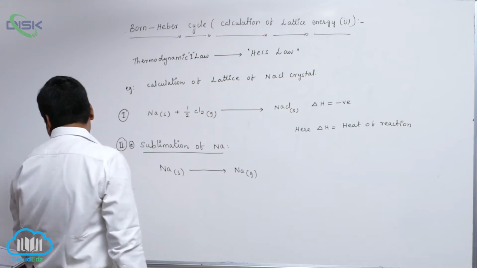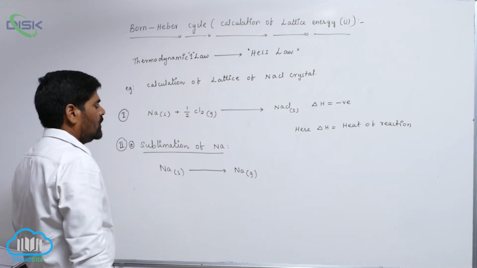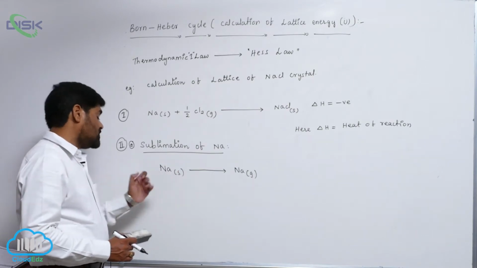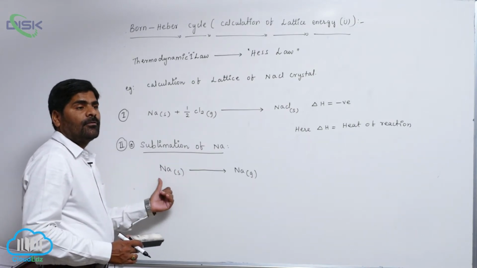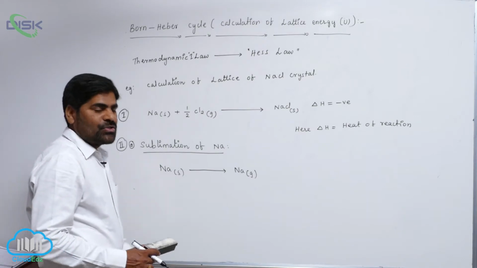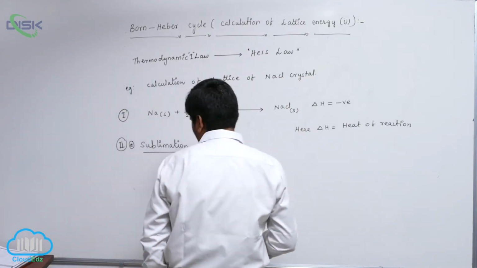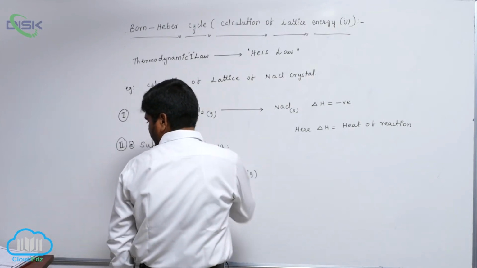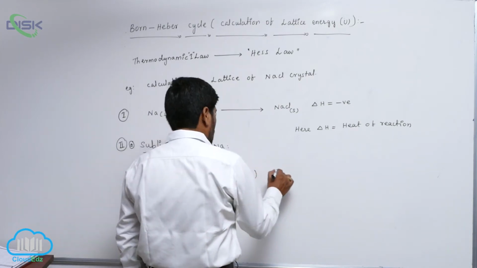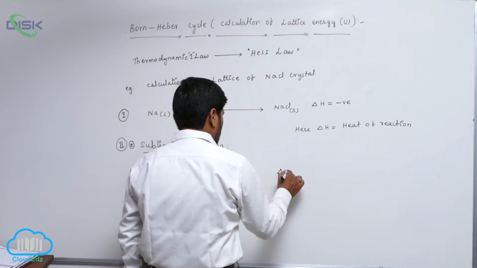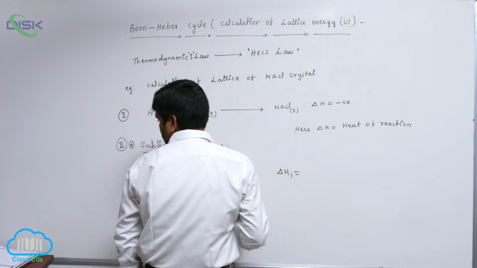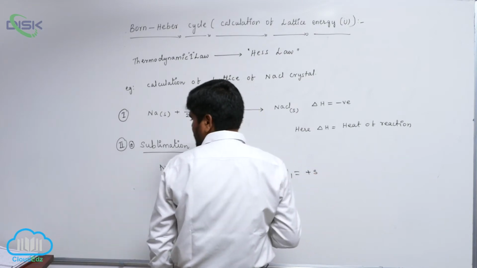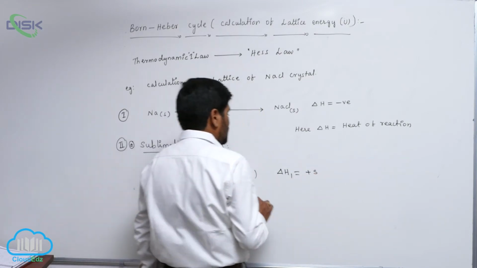During this particular process, in order to sublimize, some amount of energy is supplied towards which direction? Reactant side. So that is the reason why here delta S equals delta H1 equals positive, that is plus S, heat of sublimation.